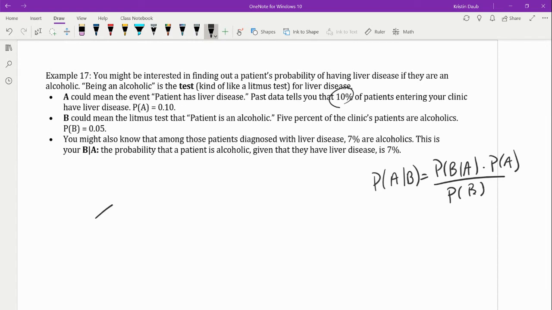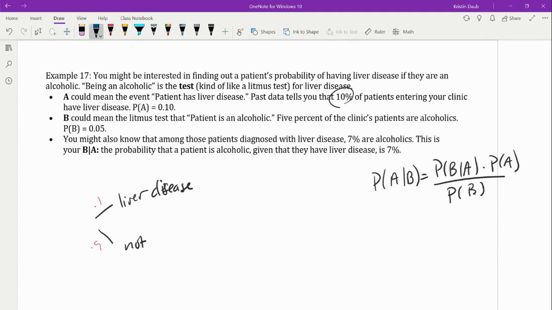Actually, I lied. Let's go ahead and put the tree on here. So this 0.1 would go here, and the 0.9 would go down here. So it says, all right, 10% of the people who walk into the clinic have liver disease.